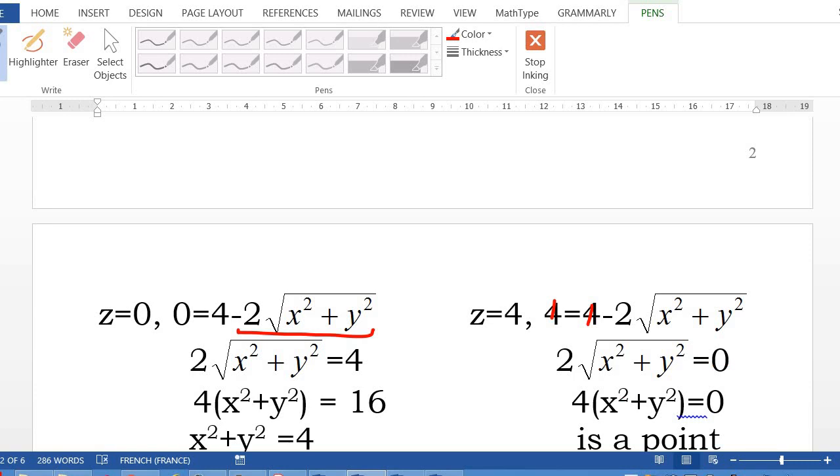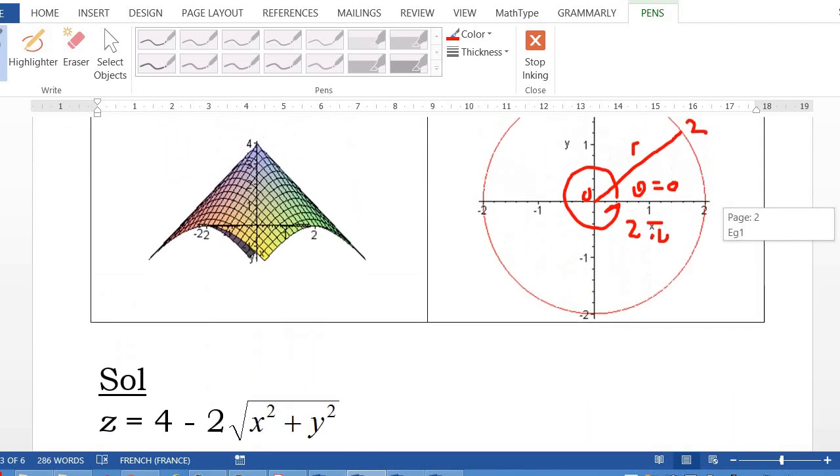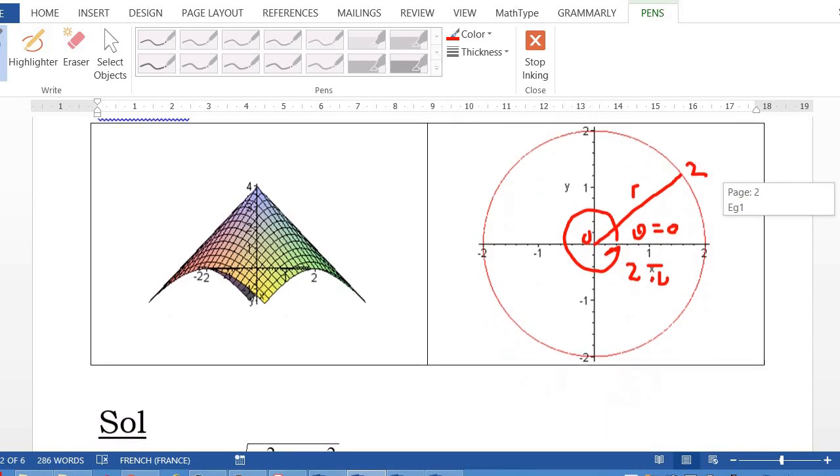When you square both sides, they give you 4 times (x squared plus y squared) equal to 0, which implies that x equals 0, y equals 0, and z equals 4. That's why you see that this is a lamina of cone shape with the maximum point x equals 0, y equals 0, z equals 4.